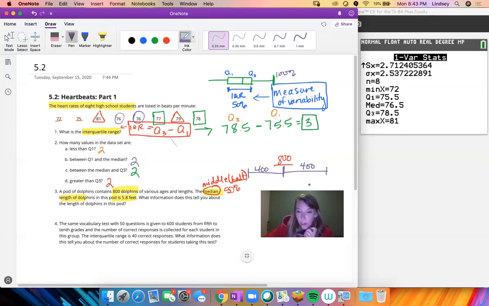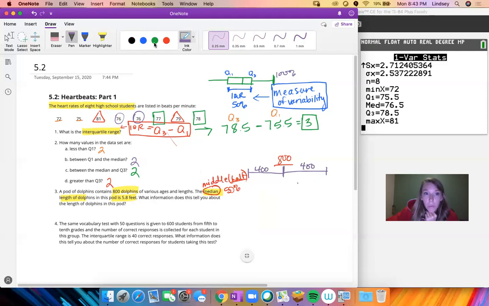I would have 400 on both sides, right? And they told me my median was 5.8 feet. What does that tell me about the data?